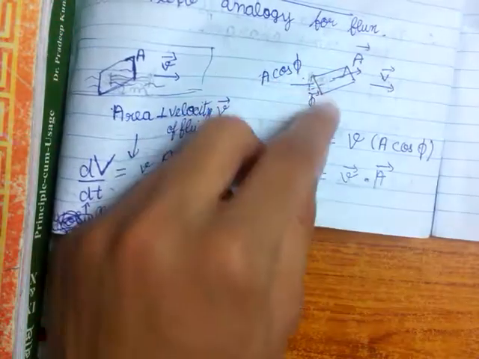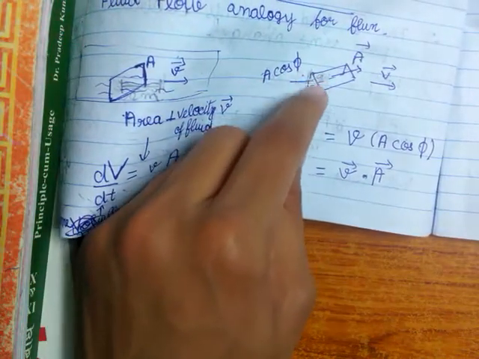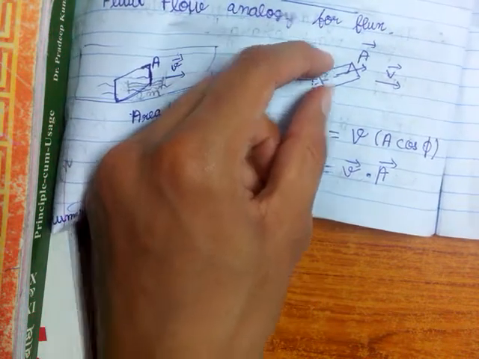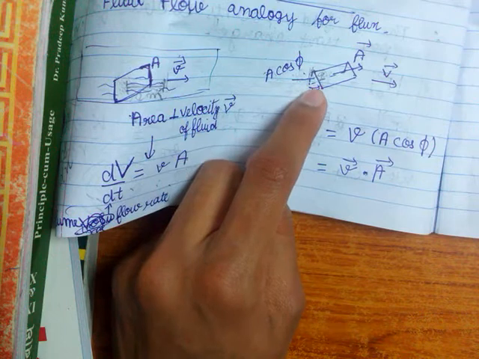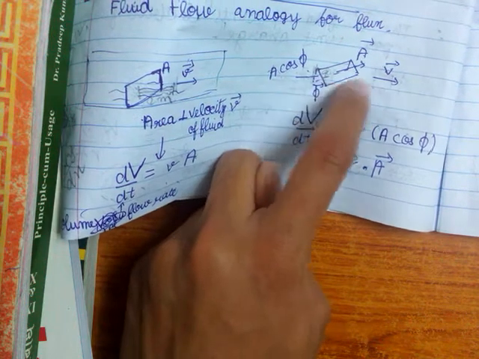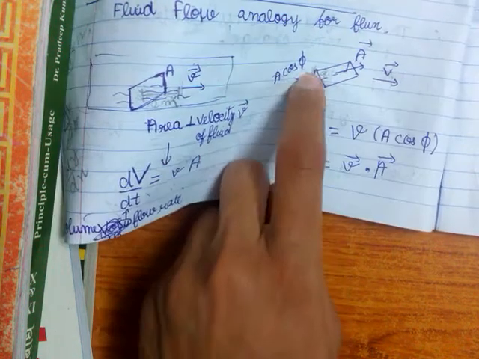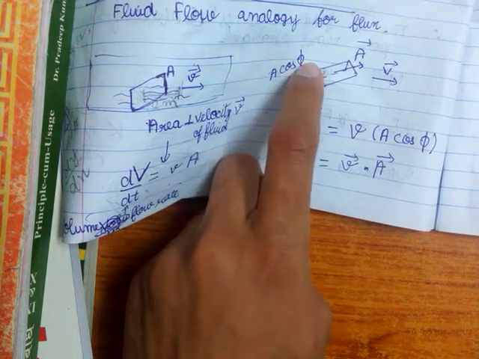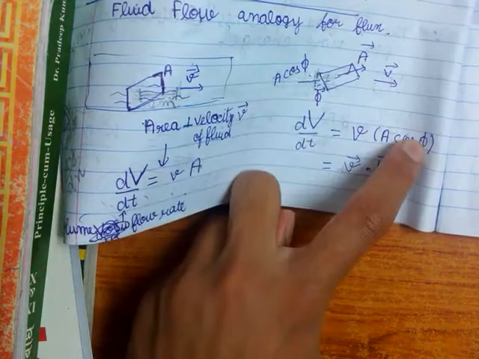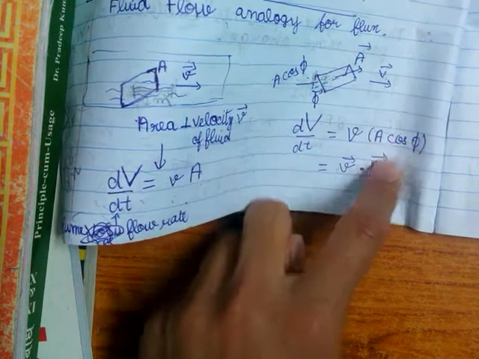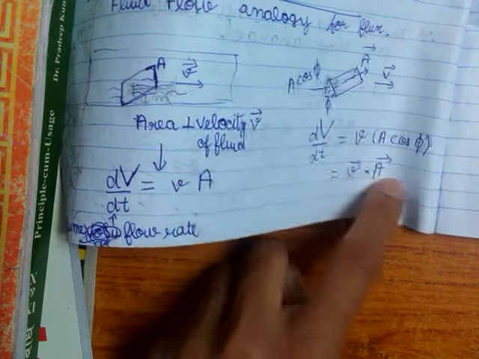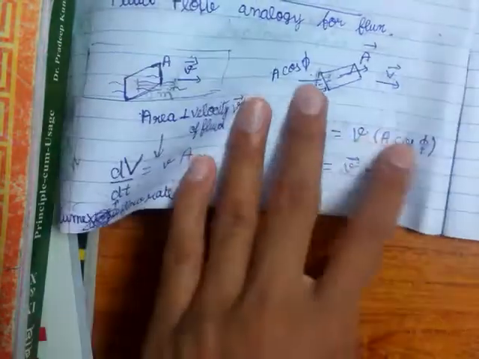So the fluid will actually cross only this area, which is the component of the area that's perpendicular to the velocity, which is A cos phi in this case. So the volume flow rate is V times A cos phi, which we represent by the dot product V dot A, which is nothing but V A cos phi.